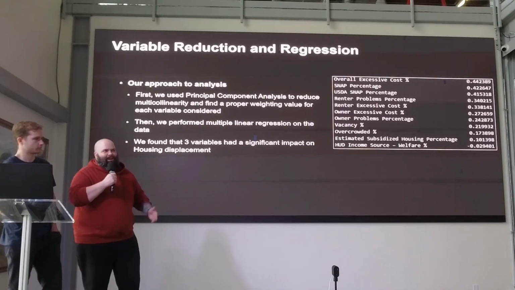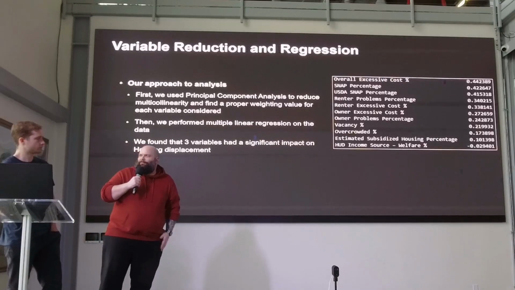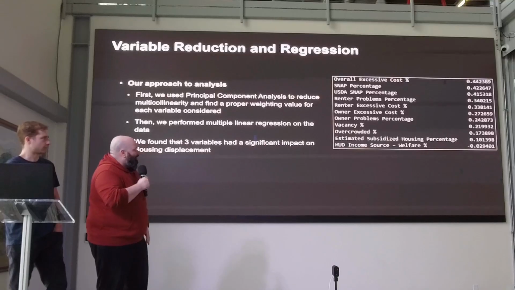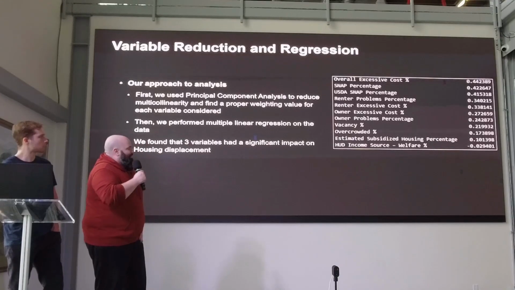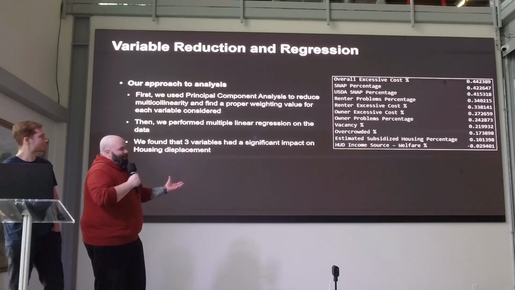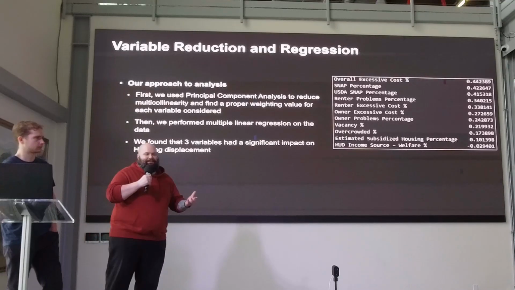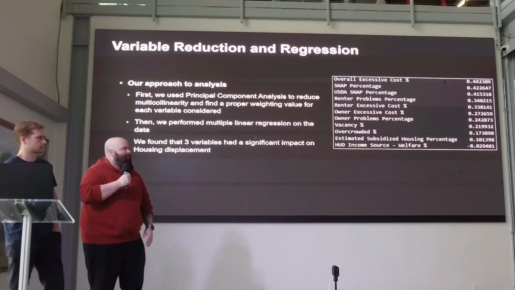Problems is sort of broadly defined. I think it was something like disrepair or number of people below a certain income level. Overcrowded, vacancy percentages and things like that. And we ended up getting this data set of percentages, so everything was roughly at the same scale. That was kind of the goal.